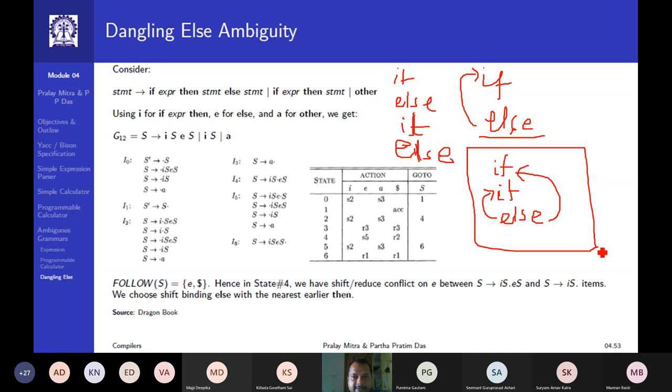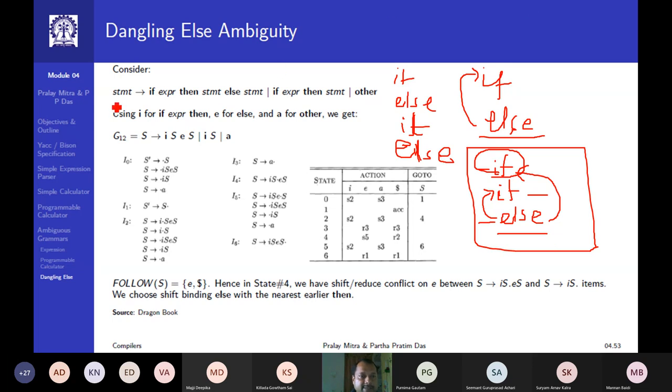Because it may be the case that the outer if has an else, and inside this if there is another if which does not have any else. That is possible. On the other hand, this if does not have any else part, but the second if is outside or maybe inside of the if, and it has some else part. So how to match that else and if? That is the ambiguity.